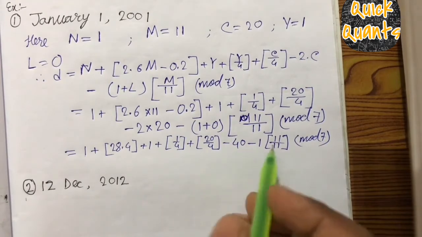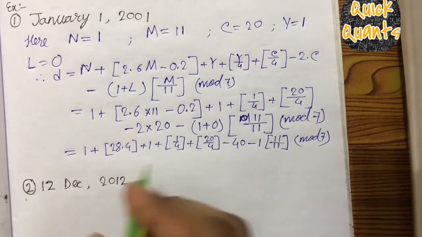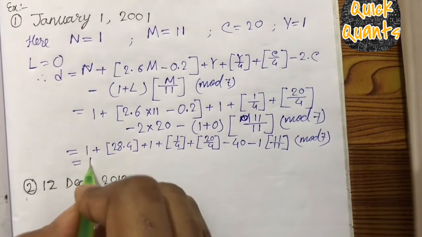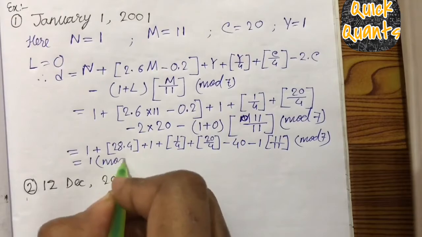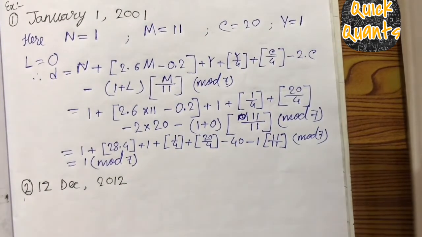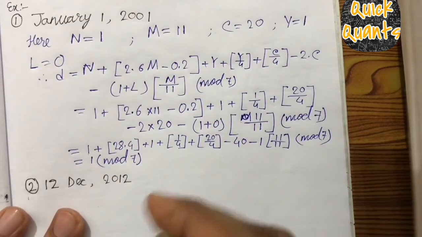Okay, 35 minus 41 is minus 6, and we can write minus 6 as 1 mod 7. If you don't know about congruence modulo, then I'll also make a video about it.